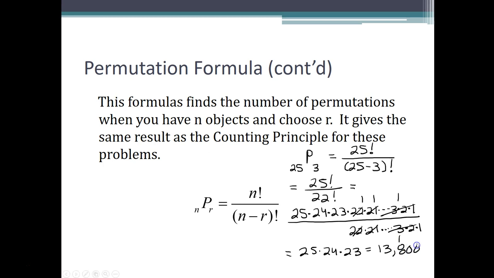Just like the counting principle. So notice that the permutation formula gives the same result as the counting principle. Like this right here was the counting principle result.